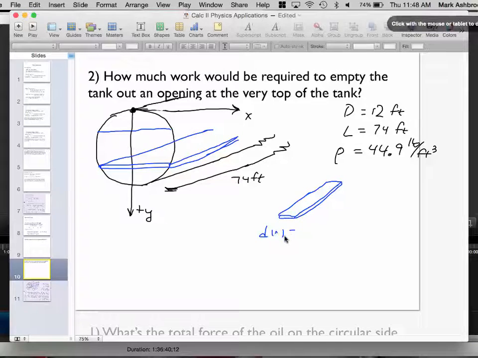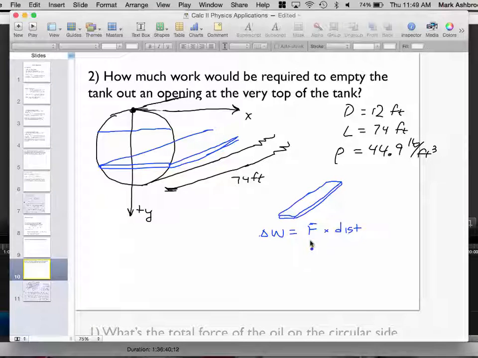dW, or delta W, is going to be force times distance. That force is going to be the weight of that much oil, the weight of that horizontal layer of oil.